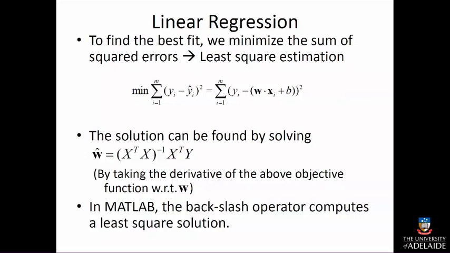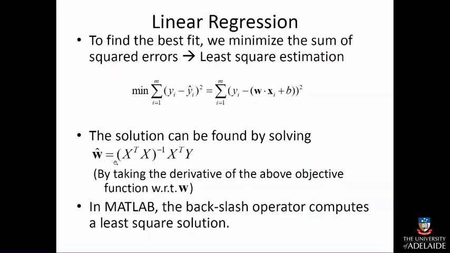And the objective function basically is a so-called reconstruction error, and we minimize this reconstruction error. The minimum for this optimization problem can be found by solving this equation.